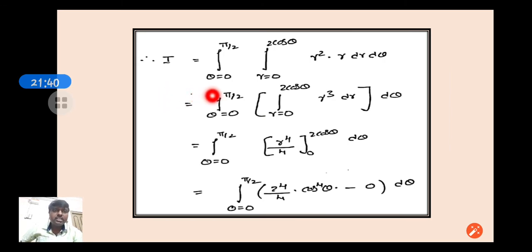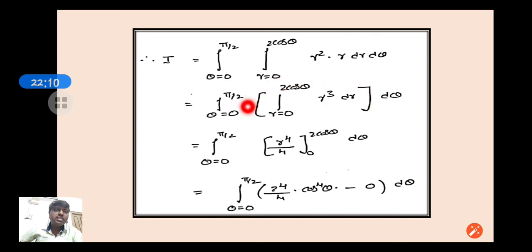I equals the integral, theta equal to 0 to pi by 2, r moving from 0 to 2 cos theta. Here x square plus y square is nothing but r square, and dx dy is nothing but r dr d theta. So that is the integral theta equal to 0 to pi by 2, r square into r is r cube, integral r equal to 0 to 2 cos theta, r cube dr d theta.